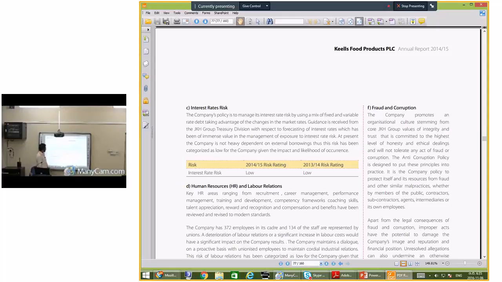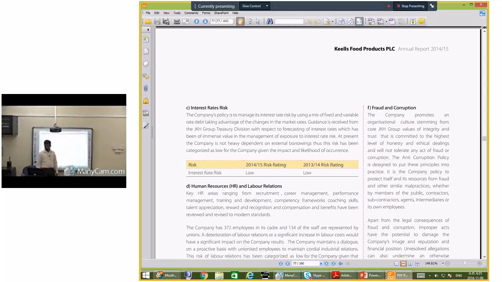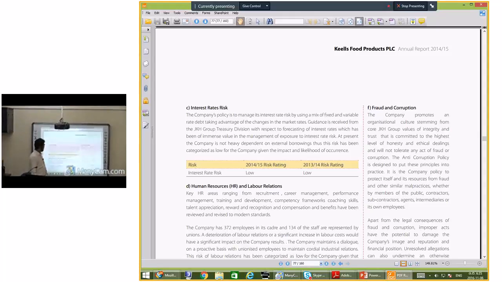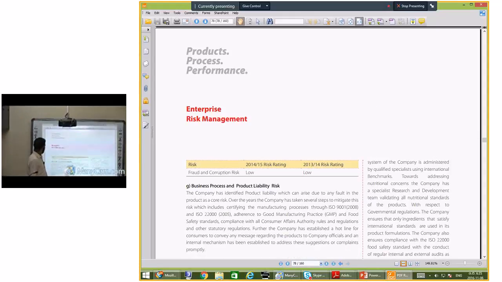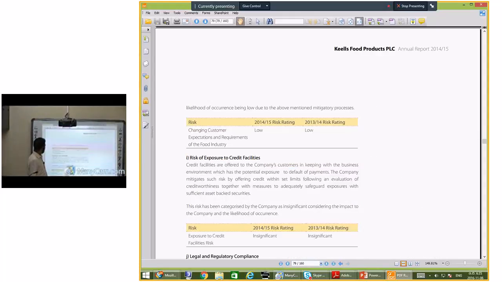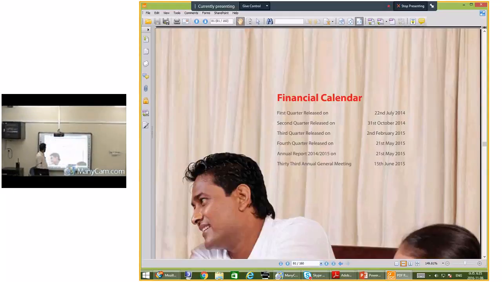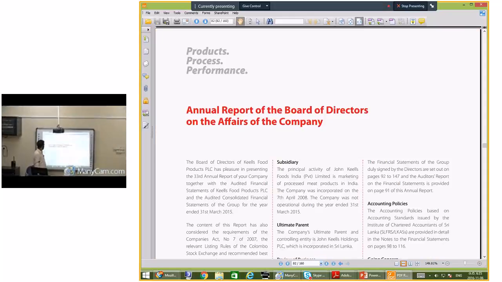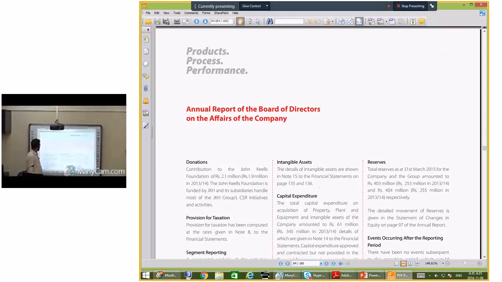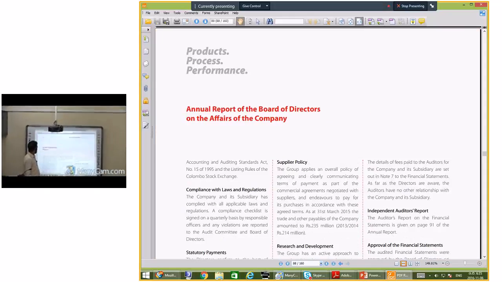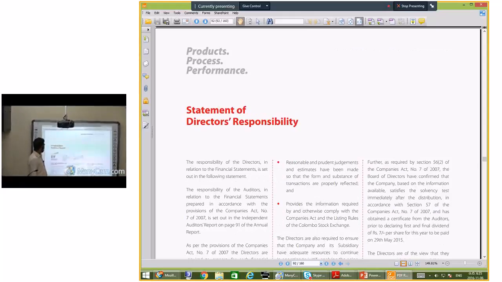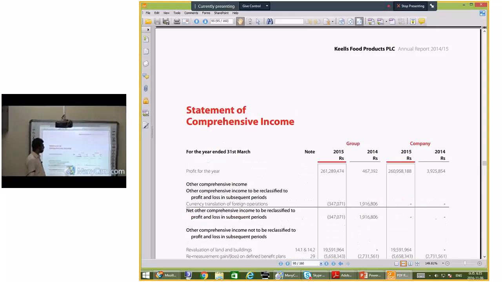Fraud and corruption, investigation of fraud and corruption, business process and product liability risk, risk exposure to credit facilities, then the financial calendar under financial reports. Now these are the financial reports. Previously we saw the financial highlights.